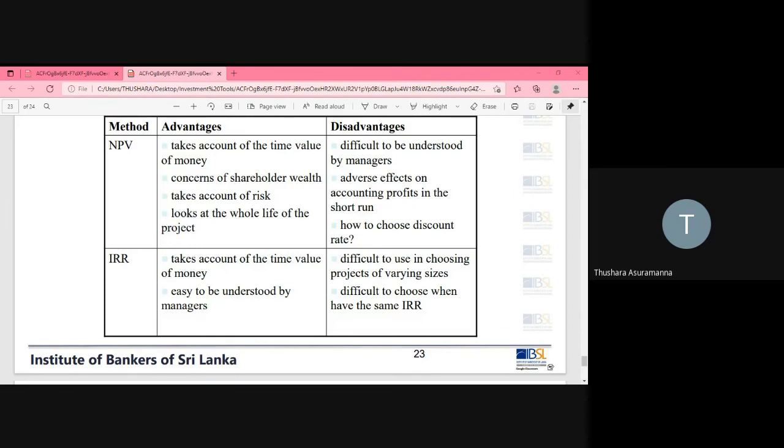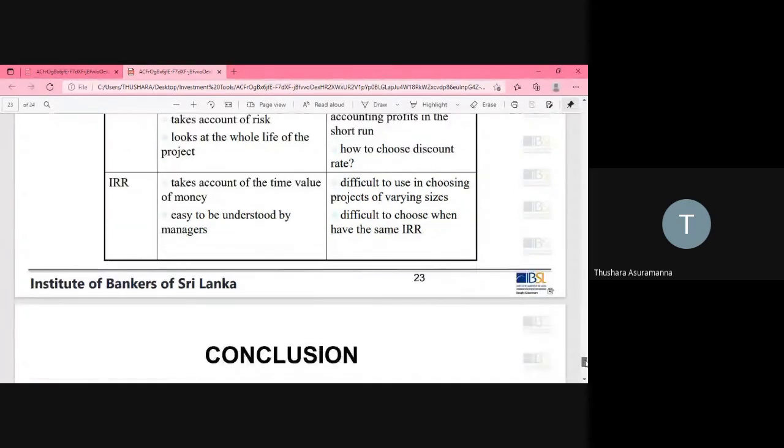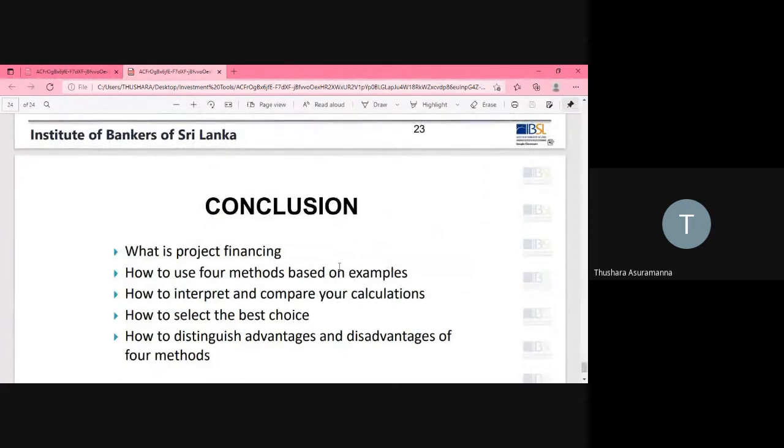Right. Any questions up to now? That's what we have taken. We have discussed during this topic: what is project financing, a bit of definitions, why project financing is important, the nature.